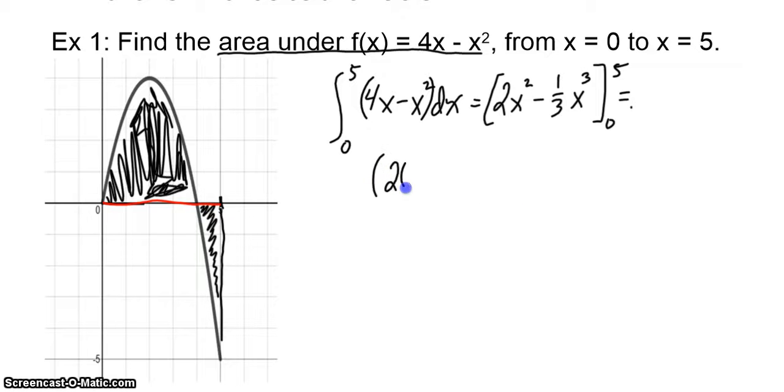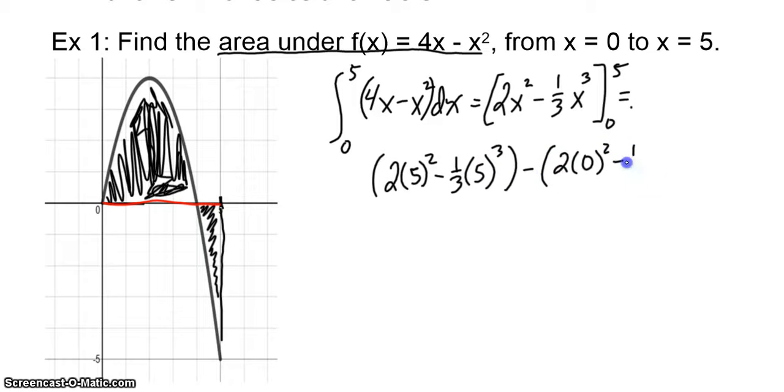So 2 times 5 squared minus 1/3 times 5 cubed, minus 2 times 0 squared minus 1/3 times 0 cubed. And when you do the calculation, you get 25 over 3, 50 minus 25 over 3, which is 125 thirds. Okay.